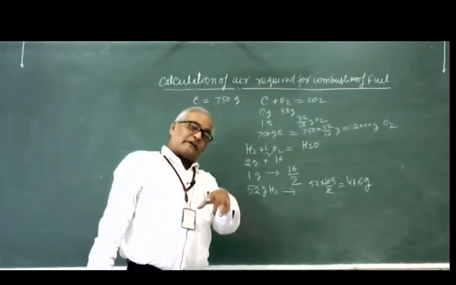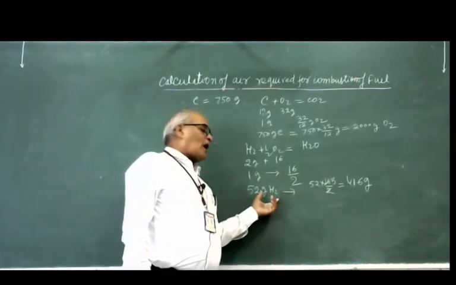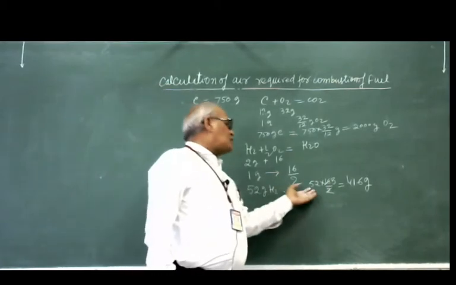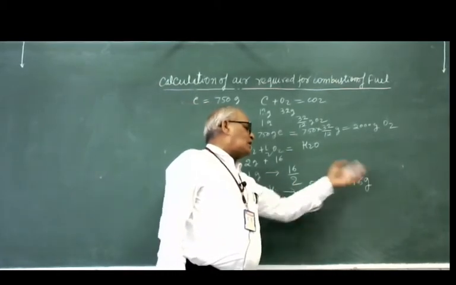It means in 1 kg, 52 gram of the hydrogen is present. How much oxygen is required? 52 into 16 upon 2.